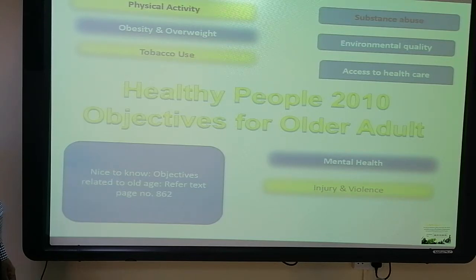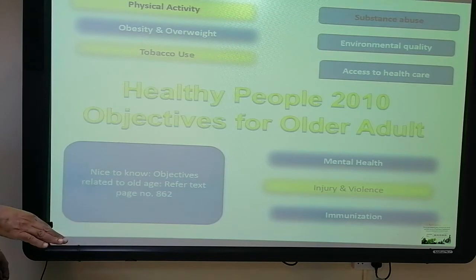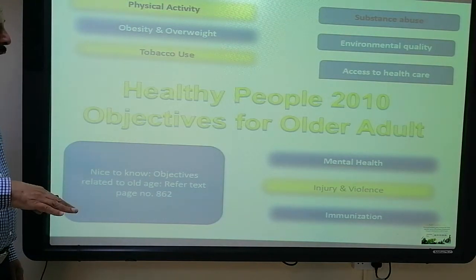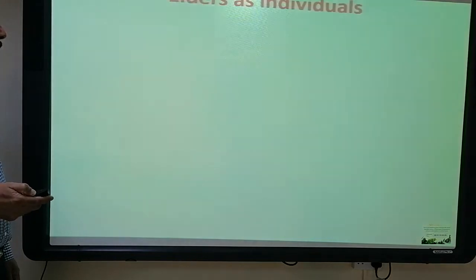They might be prone to injury and violence also. Immunization, because their immunity will be declined. So the immunity of older age will be declined.